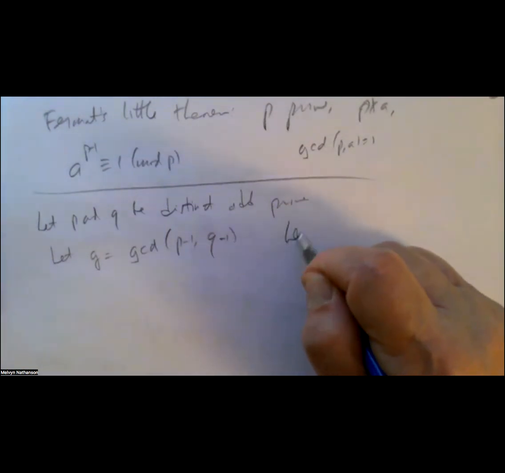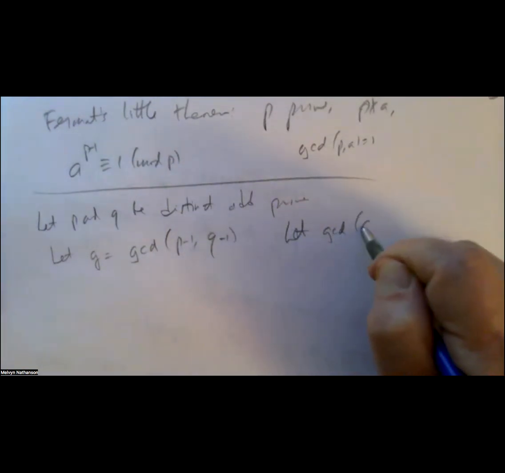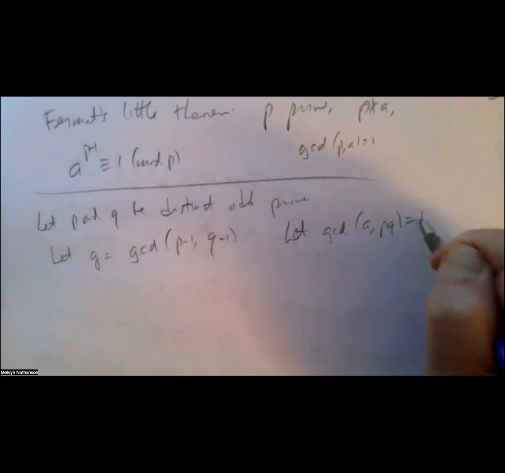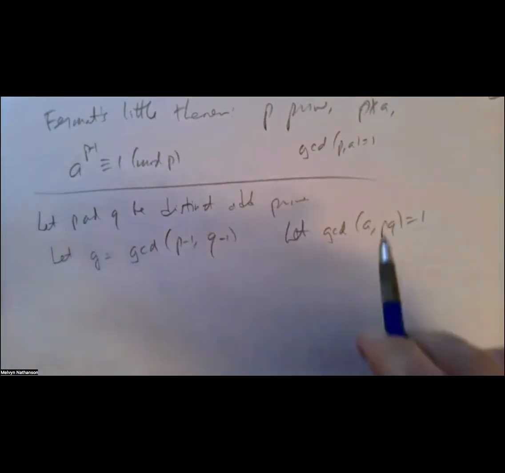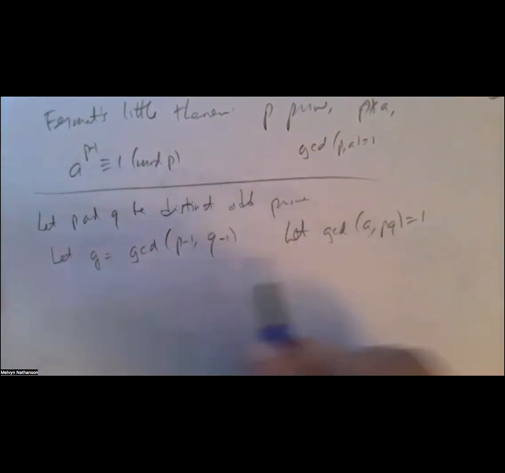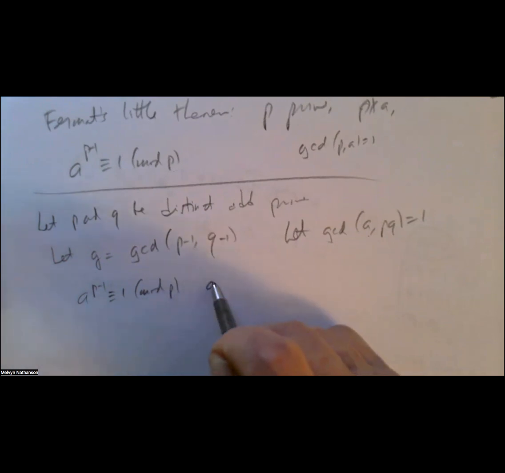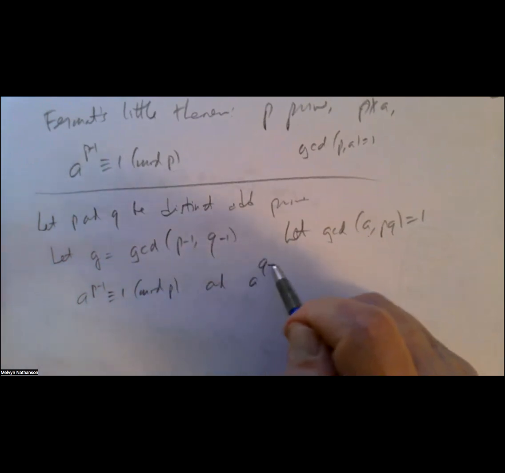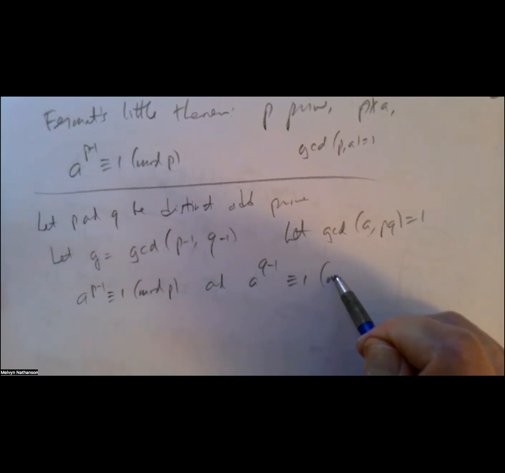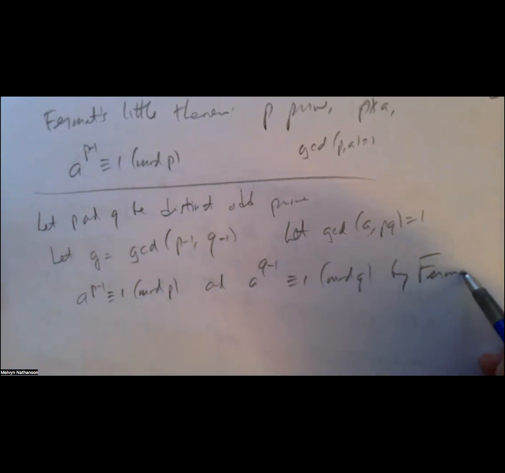And let the GCD of A and PQ be equal to 1. So P doesn't divide A, Q doesn't divide A. So we know that A to the P minus 1 is congruent to 1 mod P, and A to the Q minus 1 is congruent to 1 mod Q by Fermat's little theorem.